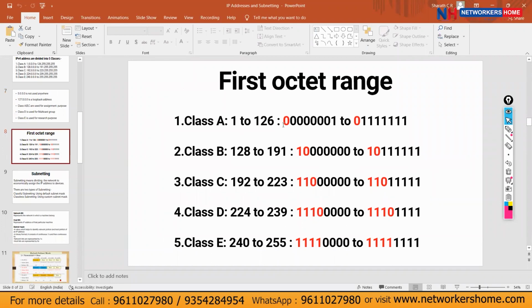Okay, guys, coming to the next slide. First octet range. How do we identify if an IP address is class A, class B, class C, class D or class E? We look at the first octet.